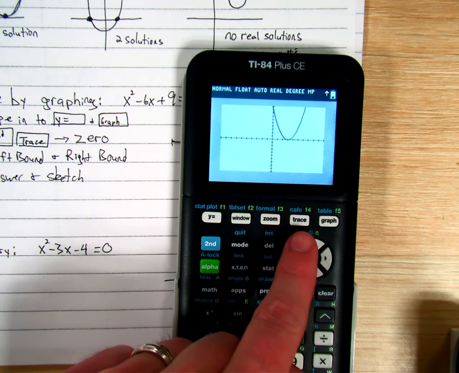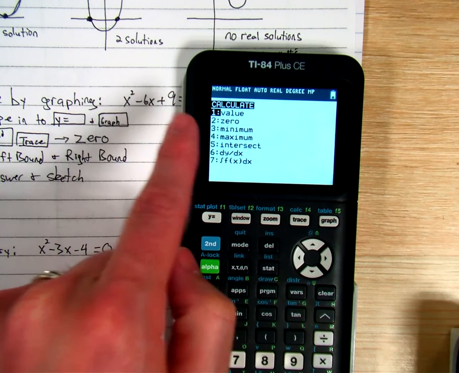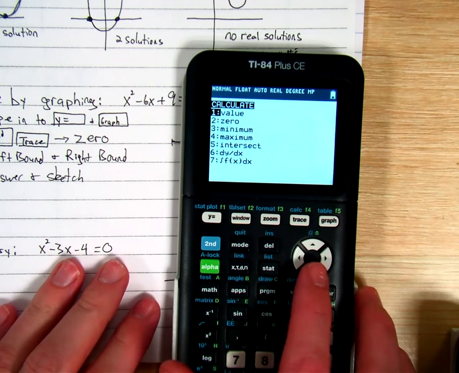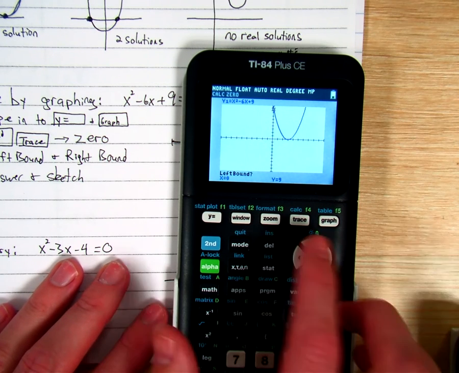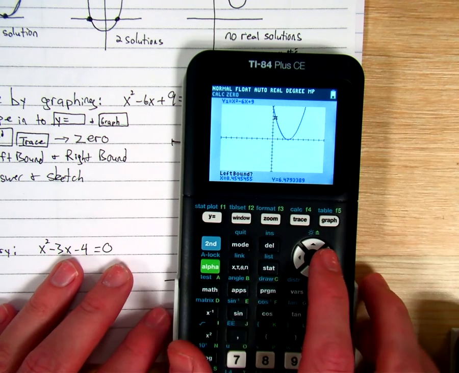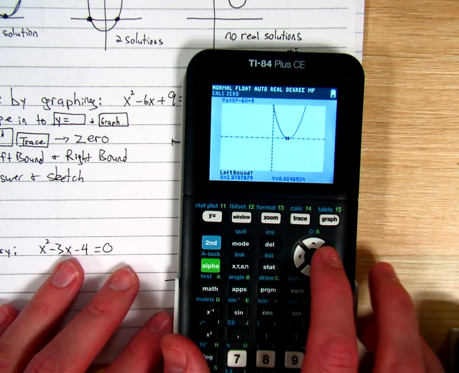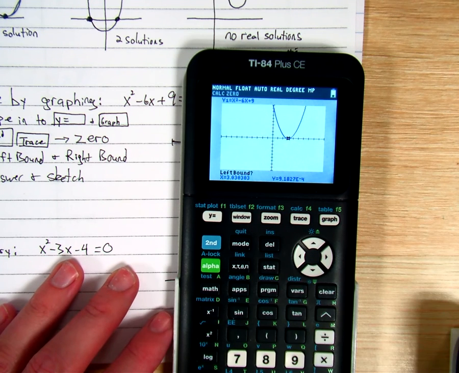Trace is up here next to graph, and you can see the blue word above it is calc, because it's going to bring up the calculate menu. We want to calculate the 0. Next, you want to locate your cursor, your little blinky guy, using left and right all the way down to where we think the graph is going to cross the x-axis.